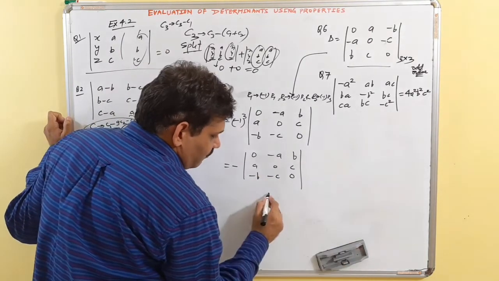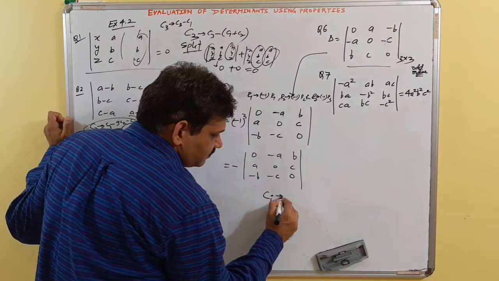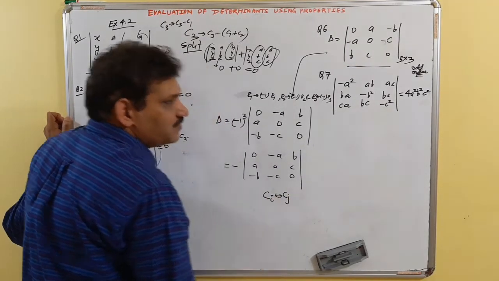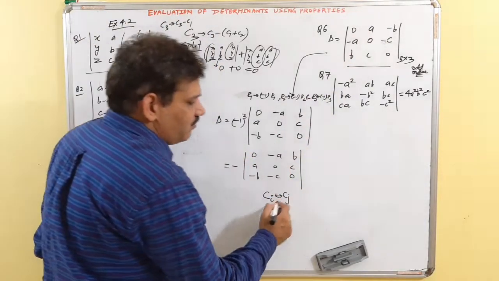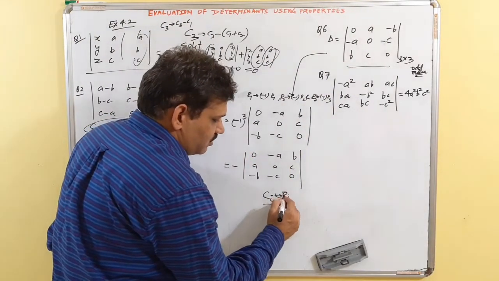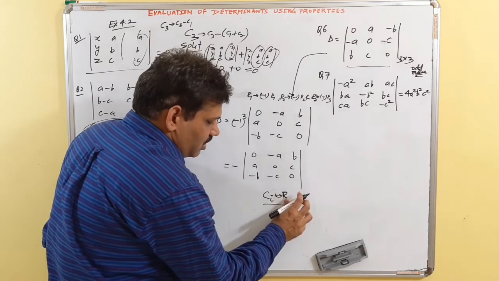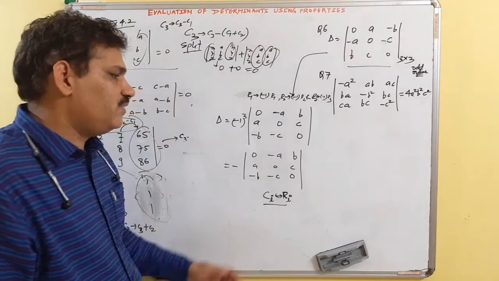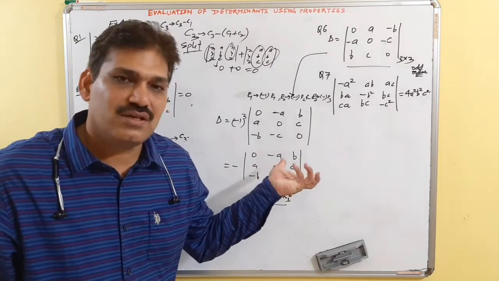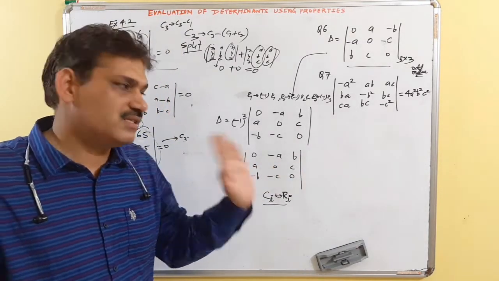Now we interchange rows and columns. By the property on interchanging rows and columns, if we transpose a determinant, the value remains the same.